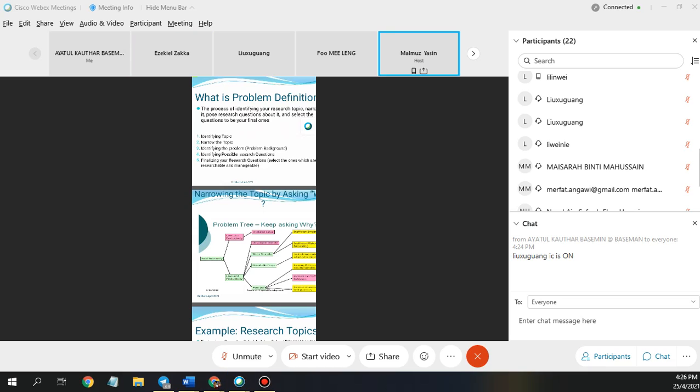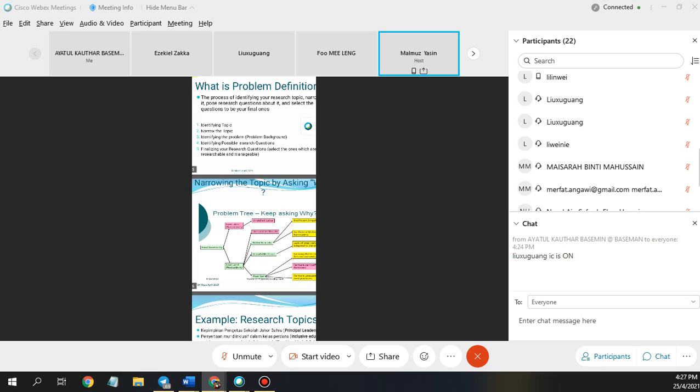If you have 4 issues, then supposedly the first one, 1.2.1, is the main issue. From the first issue you may have 2 research questions, from the second issue 2, from the third 1, and from the fourth 1. So 2 plus 2 is 4, plus 1 plus 1, you have 6 researchable research questions.